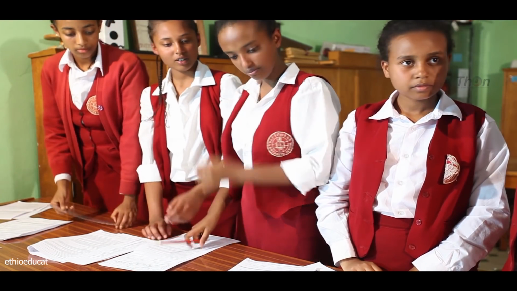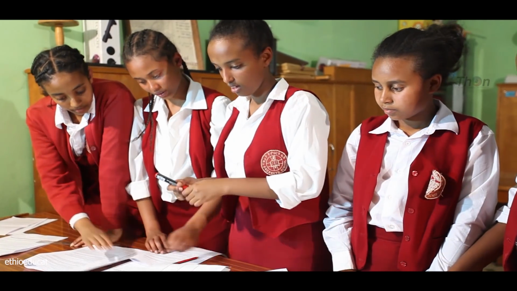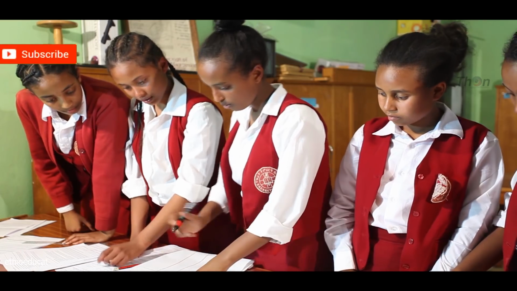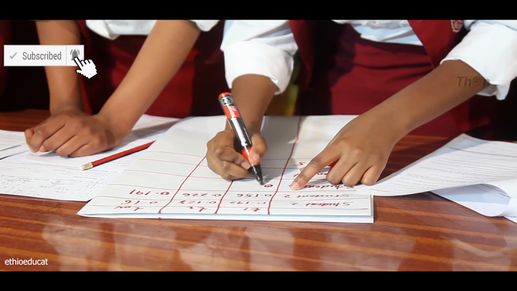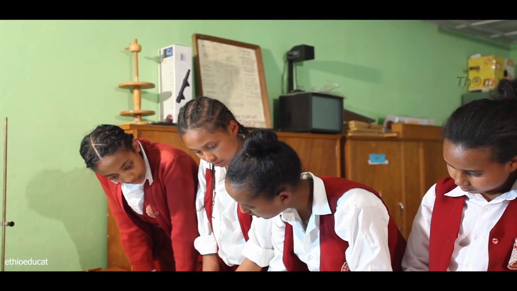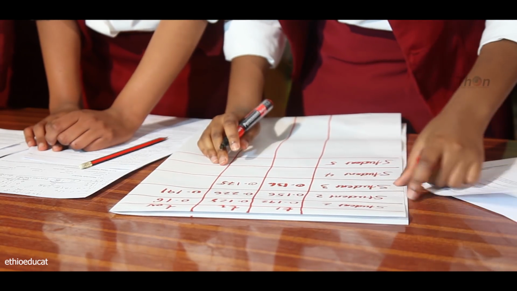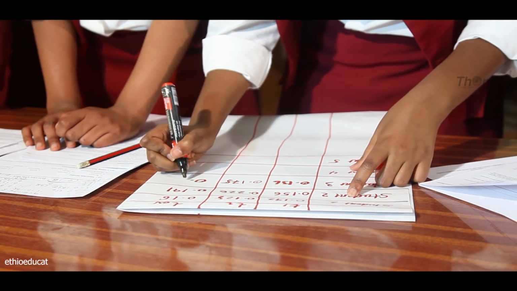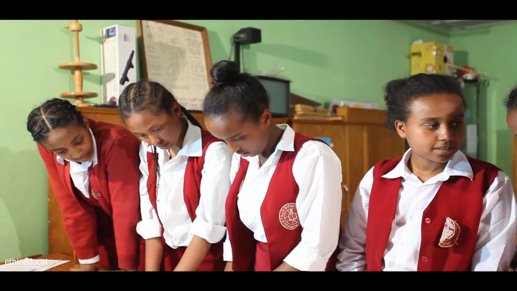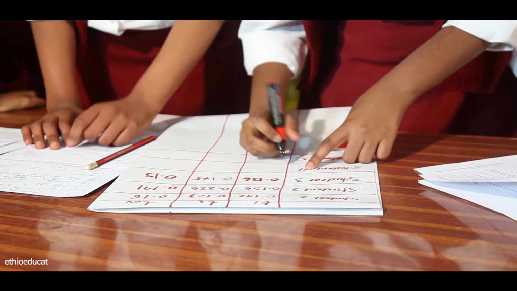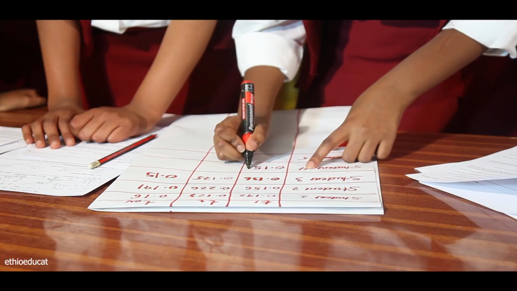So let us fill the table. Student 3: her first reaction time was 0.136. Her second reaction time was 0.175. And her average reaction time is 0.15. Student 4: her first reaction time is 0.156.